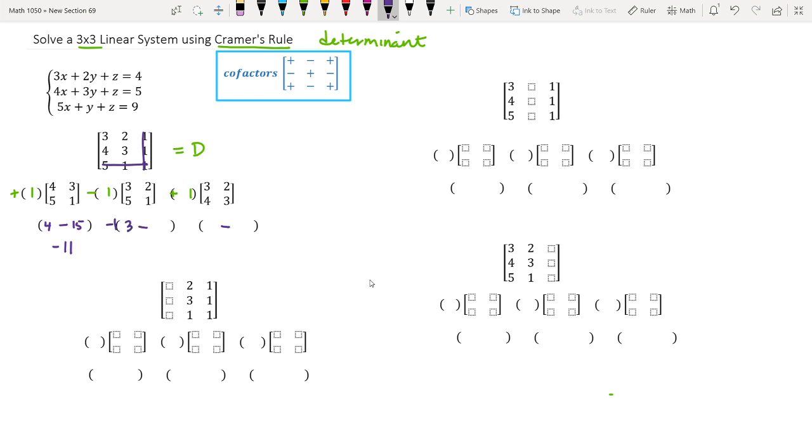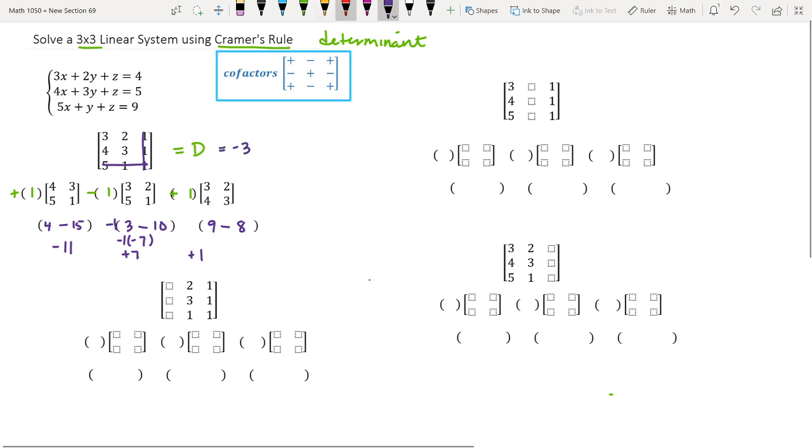So I have 3 times 1, 5 times 2. That's going to give me a negative 7, but times by a negative 1 gives me a positive 7. And the last one here, 3 times 3, 4 times 2, gives me a positive 1. So if I sum those up, I have a negative 4 plus 1 is a negative 3.